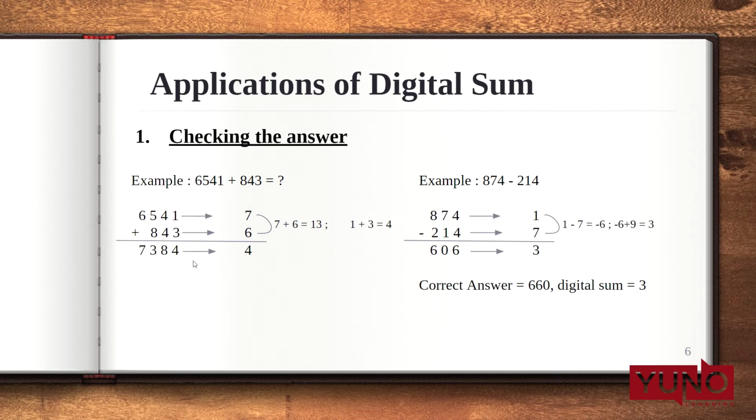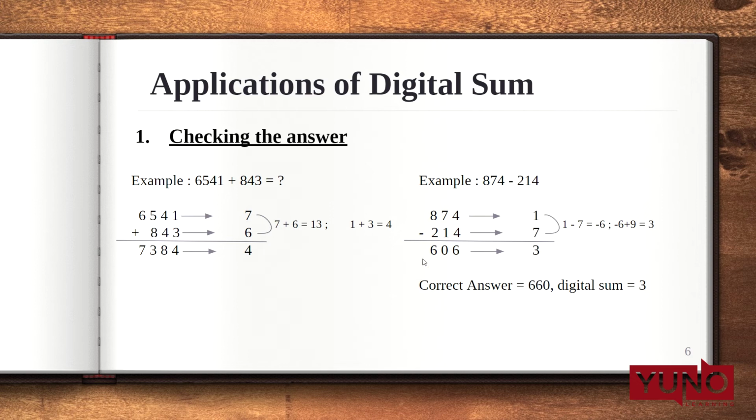Now let's see another example. Here we will be subtracting 214 from 874. Now when I write the digital sums of my minuend and subtrahend, the digital sum of the minuend is 1 and the digital sum of the subtrahend is 7. 1 minus 7 will be minus 6. Now to make it positive, I will add 9 to it to get the final digital sum as 3.